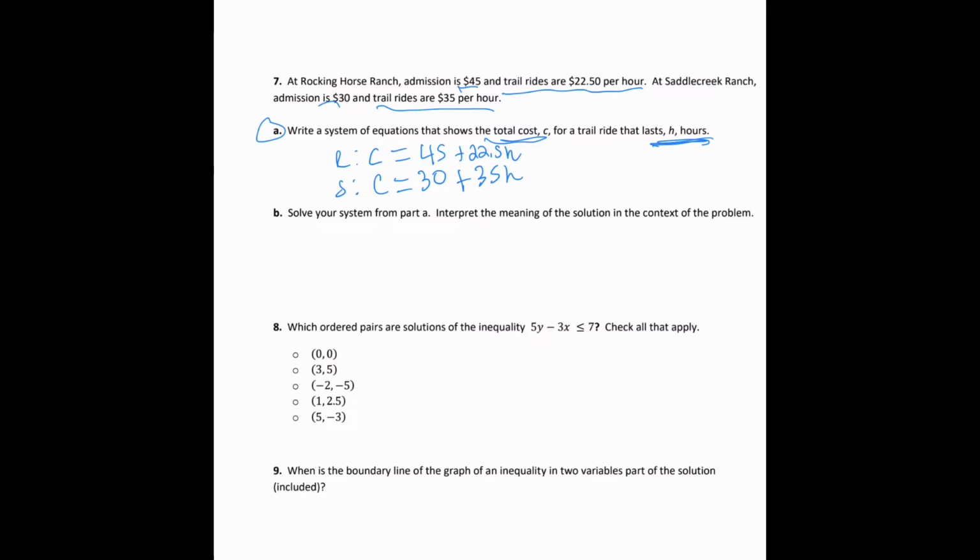So in part B, when we need to solve, I'm going to set up this equation using substitution. Wherever I see C in the second equation, I'm going to replace it with 45 plus 22.5H. We need to move the smaller variable, the 22.5H, over to the other side.